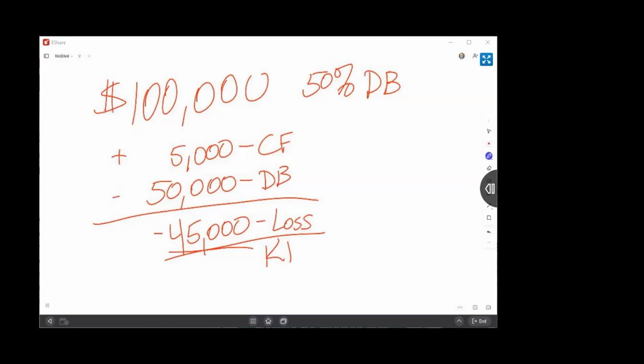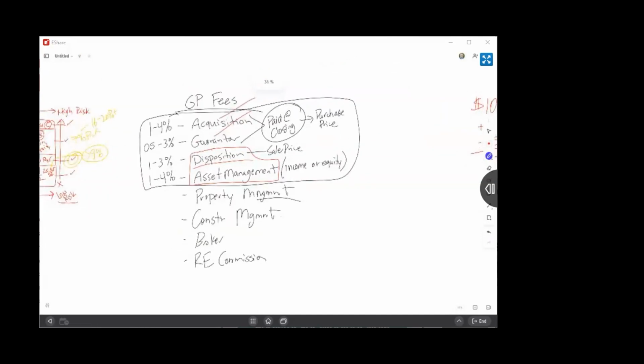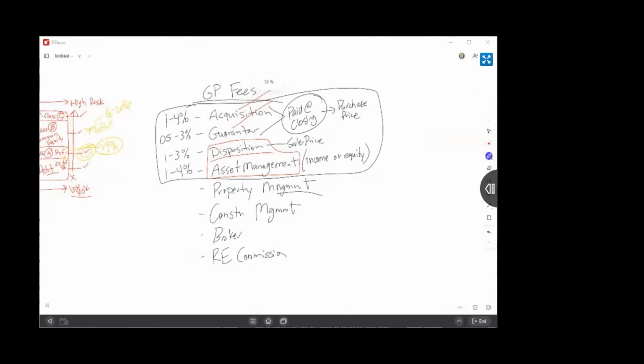Are those GP fees based on our capital or on the purchase price or the raise? What is it based on? So when it comes to the fees themselves, I talked about this a little bit: the asset management fee is based off of the income or the equity under management. The disposition is based off of the sales price, and the guarantor and the acquisition fee are based off of the purchase price or the total transaction cost, if you want to include closing costs in there as well, and also the CapEx.